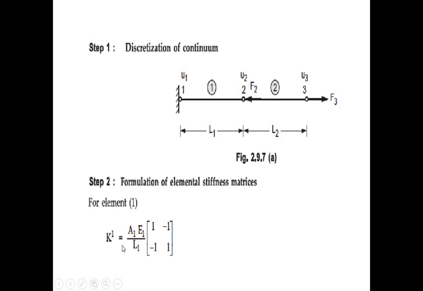The element stiffness matrix for the first element is A1 E1 upon L1 times the matrix [1 -1; -1 1]. This formula is derived on the basis of Young's modulus formula, E equal to stress upon strain. By modifying this formula, you get the formula for the element stiffness matrix.